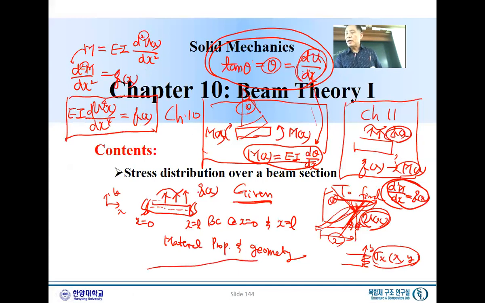As you can see, the given load will go here, and what we would like to find is V, and this V is nothing but governed by this fourth derivative differential equation.